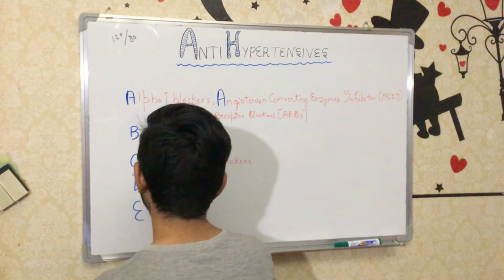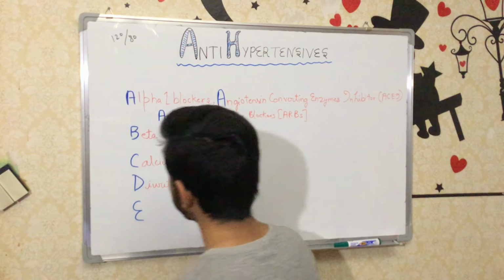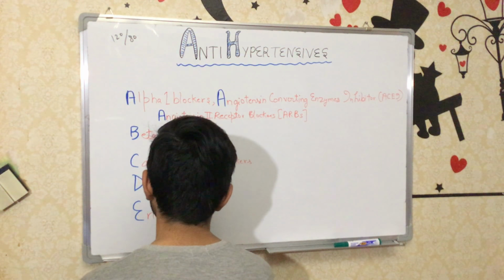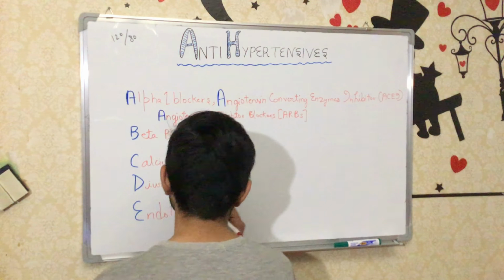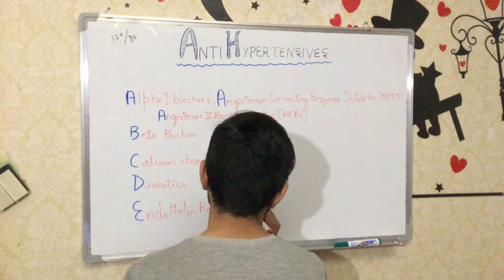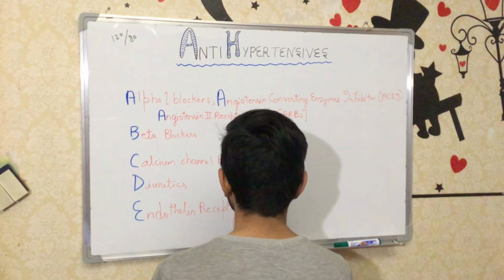D is the diuretics. And in the last, E, that is endothelin 1 receptor blocker, or you can say endothelin receptor blocker. In this class, we have the vasodilators.